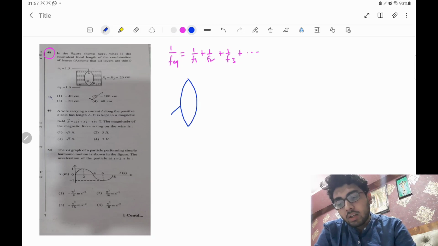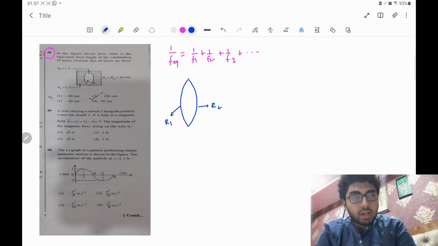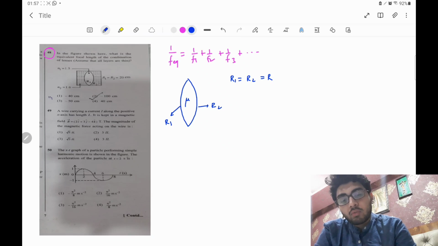When a biconvex lens is given, where R1 and R2 are the two radii of curvature of the two surfaces, and mu is the refractive index of the lens, then for R1 equal to R2 equal to R, the focal length of the biconvex lens becomes R by 2 into mu minus 1.